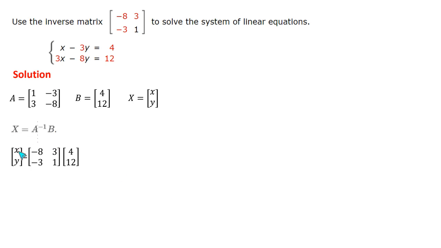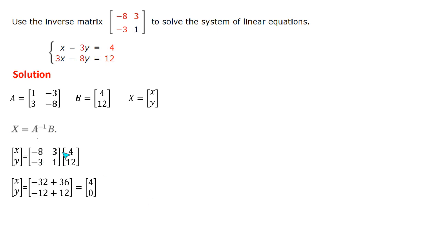So the formula is that your x here represents your variable matrix. Then you're going to have your inverse and then your b. Now, A is here because you need to find the inverse. And to save time, they already tell me what the inverse is. So I'm going to take my inverse and plug it in here. I'm going to take my constants and plug it in here. So all I have to do now is just multiply them.